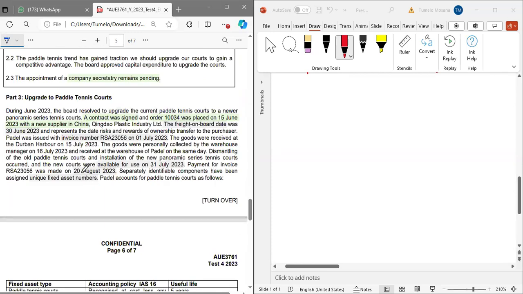So when I go to part 3, it says during June 2023, which is within the 2023 financial year, the board resolved to upgrade the current pedal tennis courts to a newer panoramic series tennis court. A contract was signed and order 10034 was placed on 15 June 2023 with a new supplier in China.